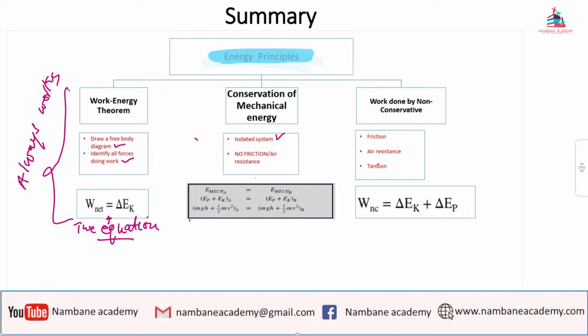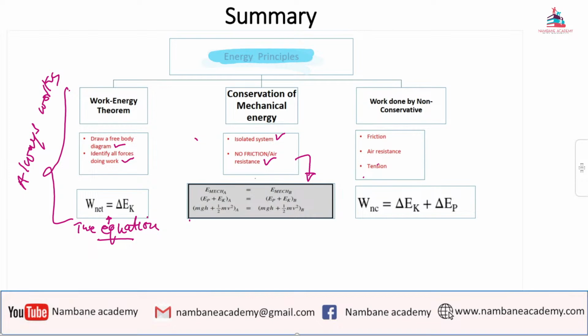I am looking for keywords which will say no friction, no air resistance, frictionless. That is only when I can apply the equation mgh plus half mv squared initial is equal to mgh plus half mv squared final. So these are hints of us being somehow in the right direction. We are busy with the basic concepts.